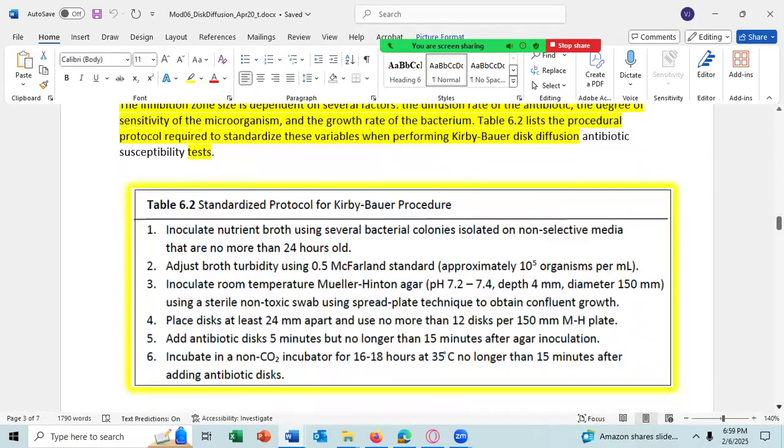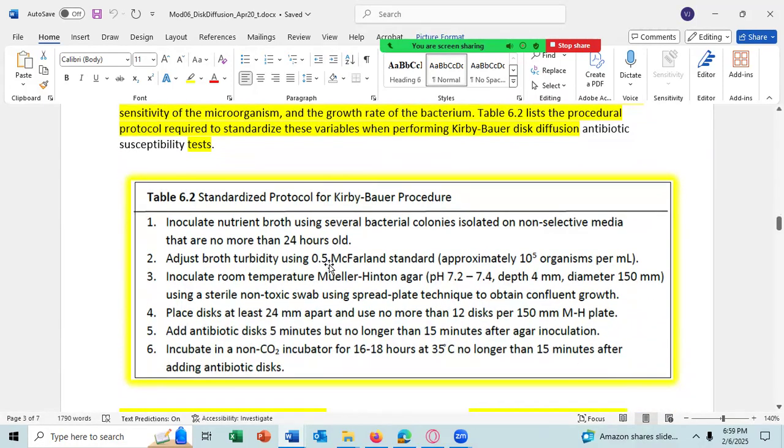And because of that, we have a standard protocol for doing the Kirby-Bauer test, meaning you always start the Kirby-Bauer test from inoculating a nutrient broth using several bacteria colonies isolated on non-selective media that are no more than 24 hours old. You grow the broth till the turbidity reaches 0.5 McFarland standard units, and that will be about 1 times 10 to the fifth organisms per mL.